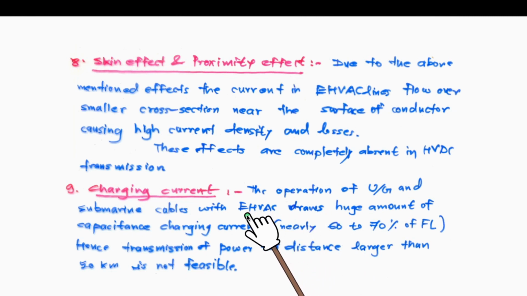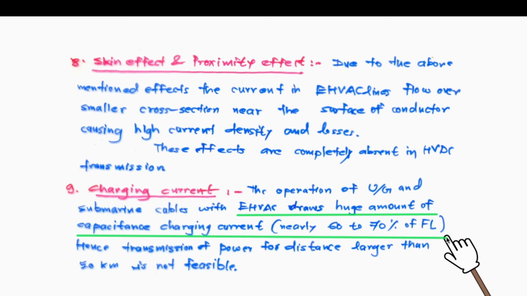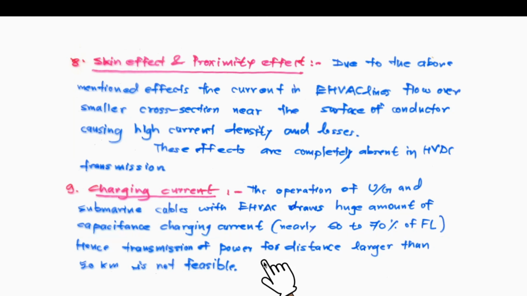So EHV draws huge amount of capacitive charging current and it is nearly 60 to 70% of full load. तो AC जो है वो लॉन्ग डिस्टेंस में अगर आपको अंडरग्राउंड केबल यूज करना तो बिल्कुल यूज नहीं कर सकते इस कारण से. ठीक है, सो 50 किलोमीटर से ज्यादा अगर ट्रांसमिट करना है तो EHV-AC cannot be used, but with HVDC it is very much possible, and many of island countries, they have generation at one island and they transmit power to the other island by using HVDC cable.